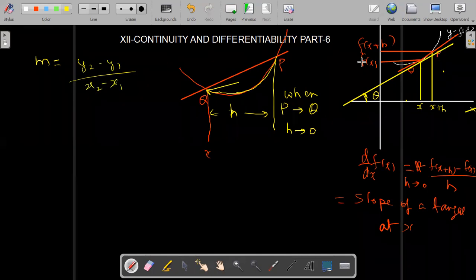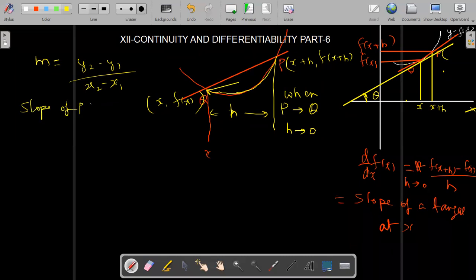What are the coordinates of these points? P has coordinates x plus h on the x-axis, and f(x plus h). And the coordinates of point Q are x and f(x).